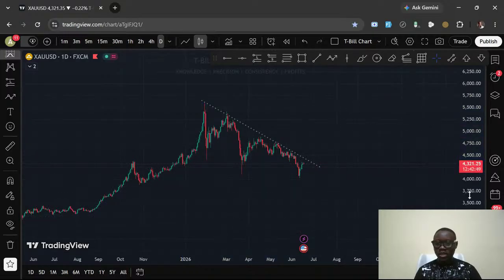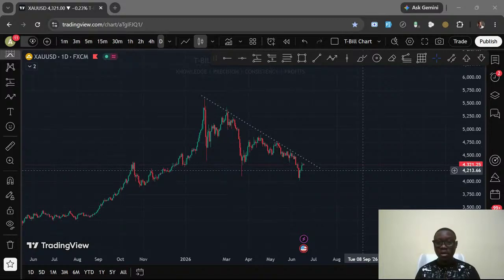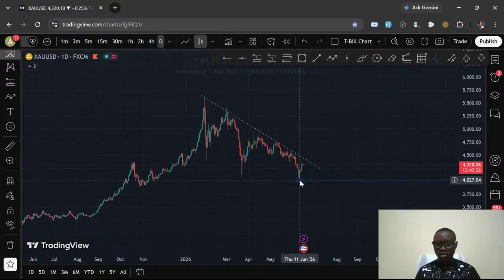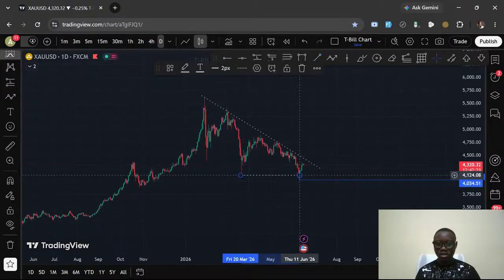Okay, the next thing we want to do is mark out our external liquidity. The market is obviously bearish, so the next sell side liquidity lies right here. Don't forget, this is our last break of structure to the downside.